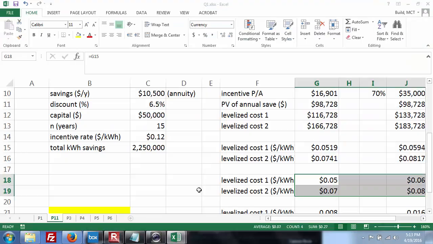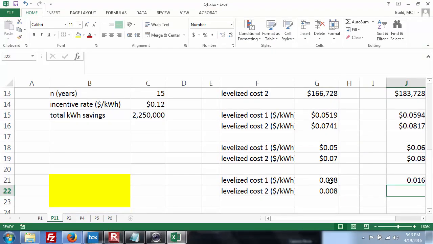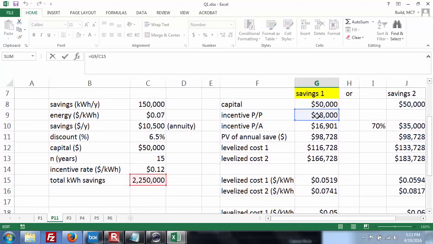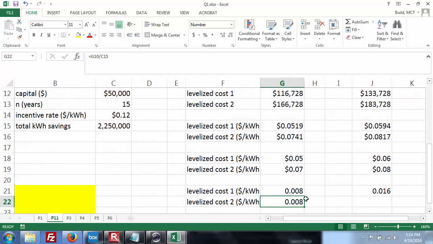So I redid the problem and said the only cost to the utility is going to be what it pays you that first year as an incentive divided by the total kilowatt hours. And in that case, we come up with 0.1, and we can just do it this way, control 1.